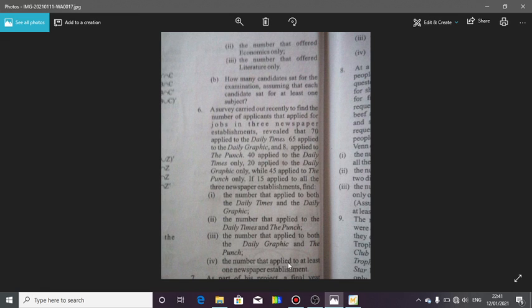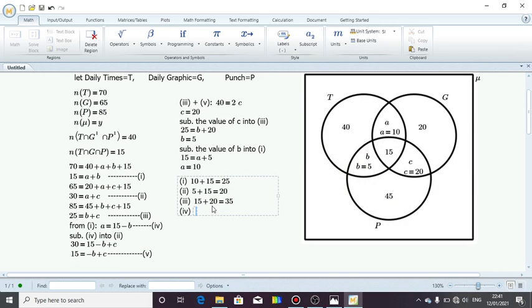The number that apply to at least 1. And when we say at least 1, we are talking about 1 and above, which is the total number, which is this 40. That's 40 plus 10 plus 20 plus 5 plus 15 plus 20 plus 45. And this is going to be equals to what?